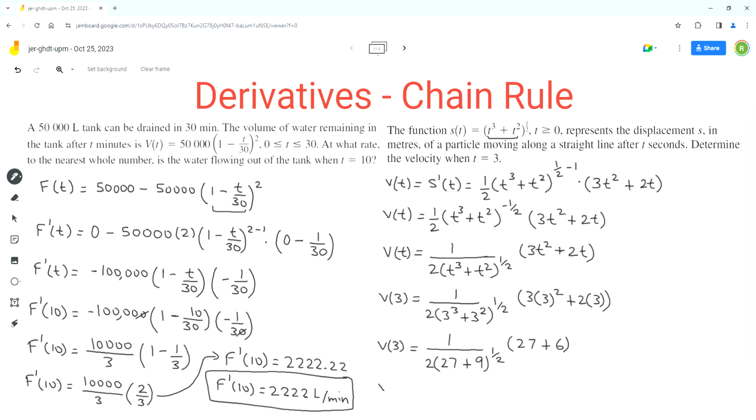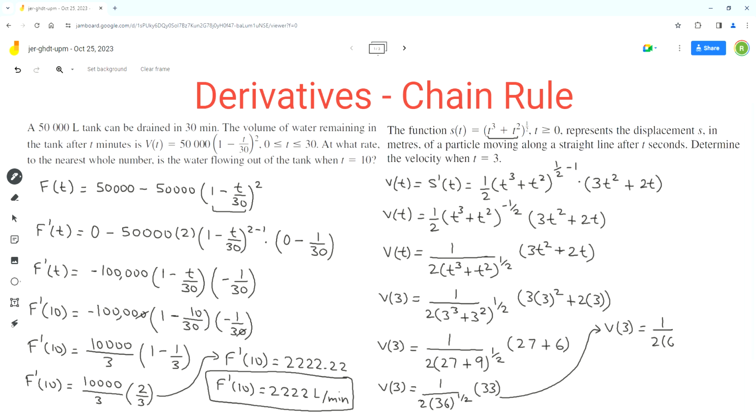Now in the next step, we can simplify it further. So it's 1 over 2 times parentheses 27 plus 9, which is 36, exponent half, times 33. Now we can do the calculation here. So 36 exponent half is the same as the square root of 36, and we know that the square root of 36 is 6.